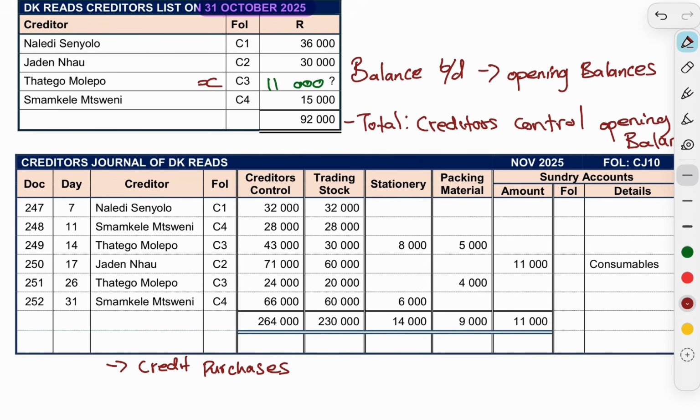If you look at the previous lesson that I recorded, we analyzed these credit transactions and how they affect the creditors control account. So if you are buying on credit, the creditors control account will increase, because your liabilities are going up, your debts are going up. So the account that gets affected is the creditors control account.